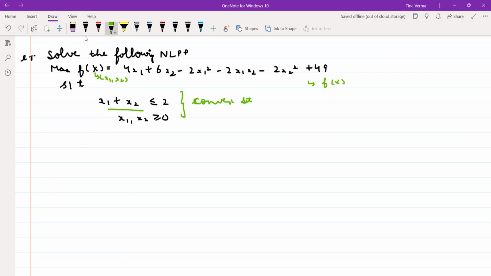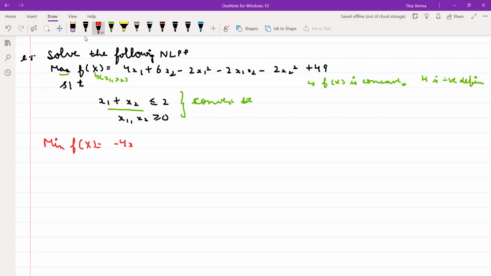Because this is a maximization problem, f of x should be concave, that means the Hessian should be negative definite for concavity. But I have told you the conditions for the minimization case, so you can convert your function into minimization by taking the negative of f of x. So you will multiply with the negative sign.